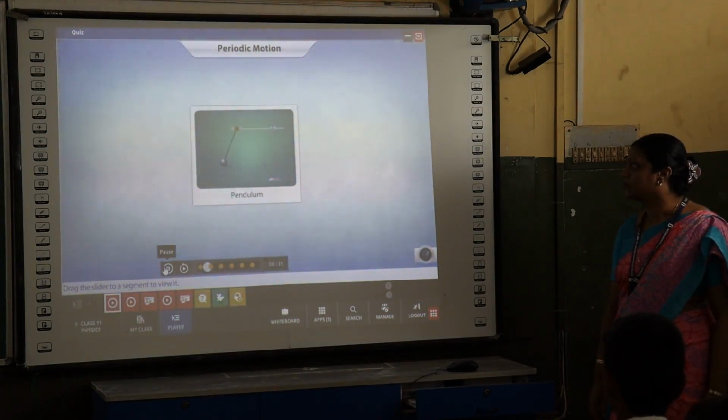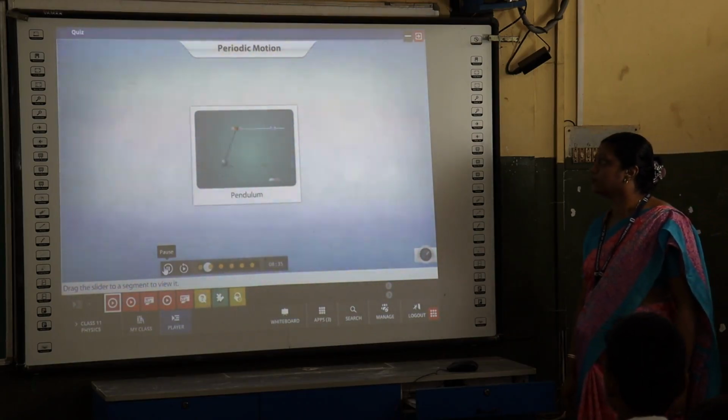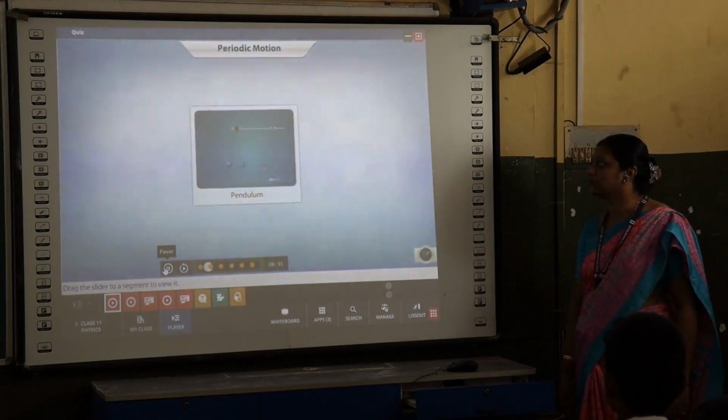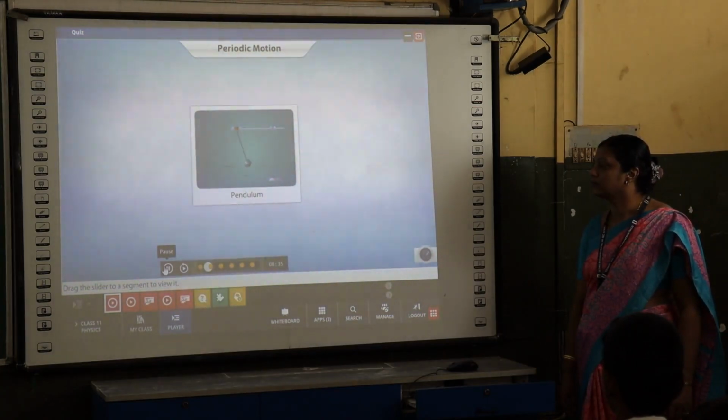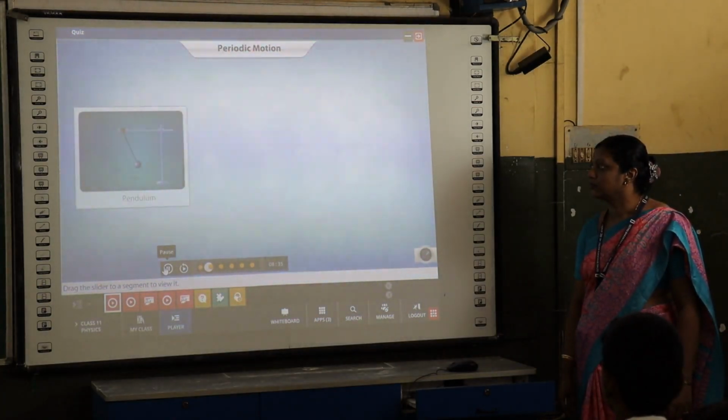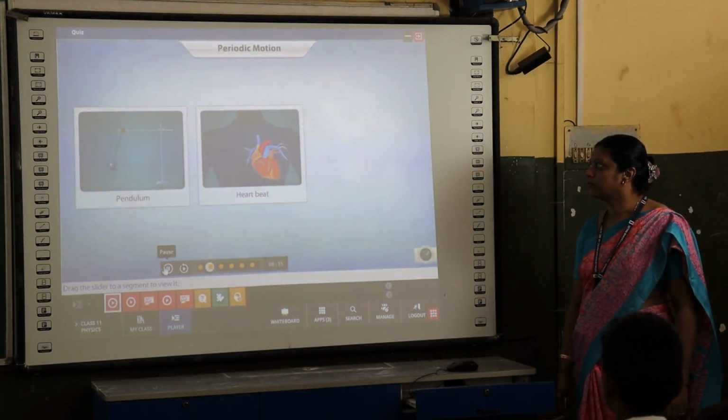For example, a pendulum moving back and forth is said to execute a periodic motion. Our heartbeat is a periodic motion as it repeats approximately after every 0.86 seconds. A vibrating guitar string is a periodic motion.